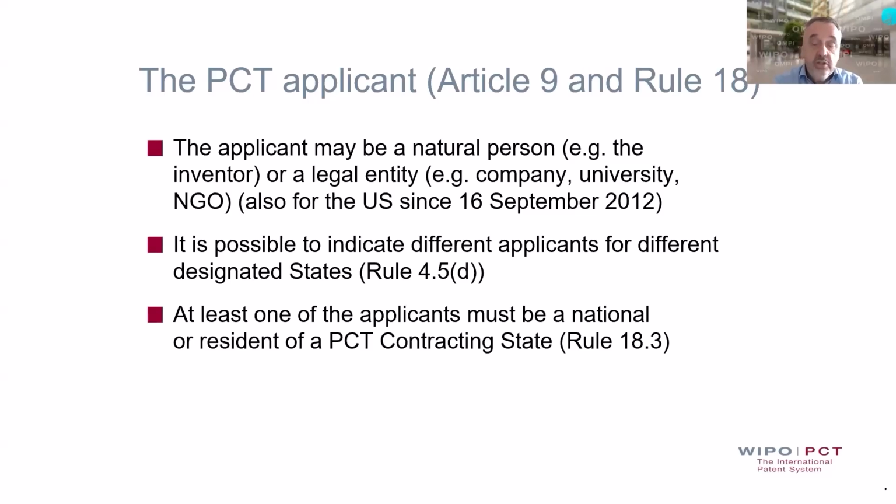So if you are a national of Argentina but living in Brazil, that's perfectly fine. You can file a PCT application. You comply with this requirement. But if you are an Argentinian national living and residing in Argentina, then you do have an issue. And as I said before, you could get around this by adding a co-applicant who's maybe an applicant from Brazil, etc., etc.